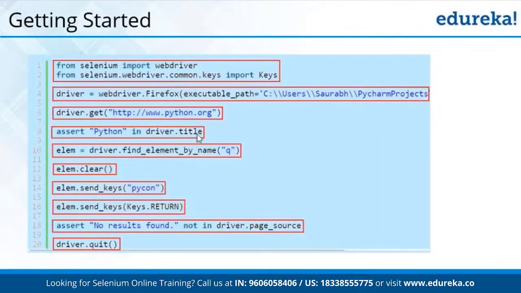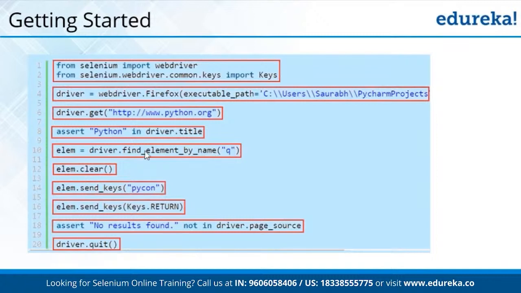We are telling our driver to find something with the help of a by locator technique, by class, or using the name locator technique. And with the help of the name locator technique, you can specify the name, or any locator technique that you want to find with, you can use that.